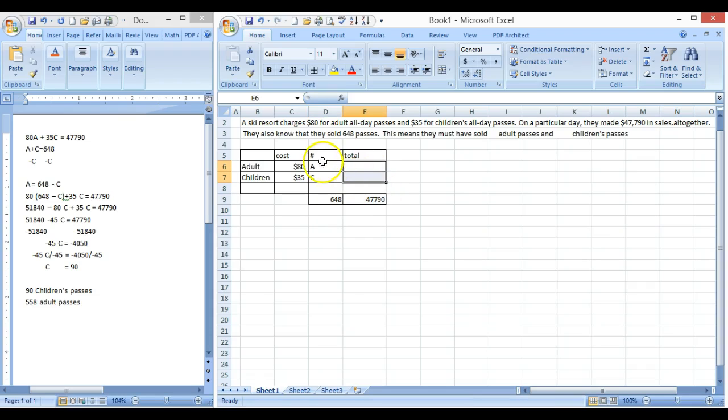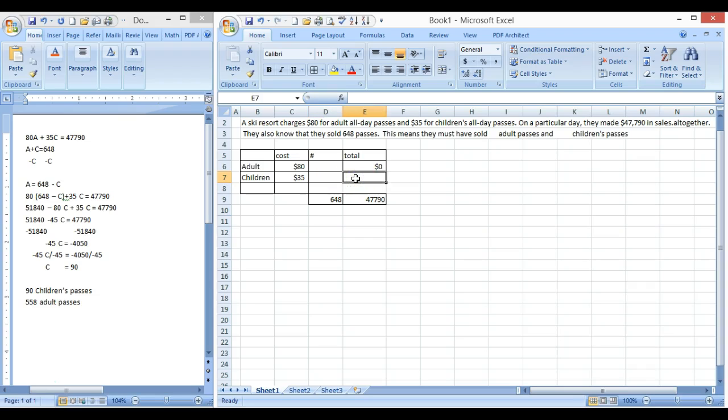So what I'm going to do, instead of actually typing 80 times A, I'm going to leave these blank. And over here, I'm going to use Excel to its capacity. I'm going to say equals 80 and actually times it to this cell. Now nothing's there, so it'll say 0 because there's nothing in here at the moment.